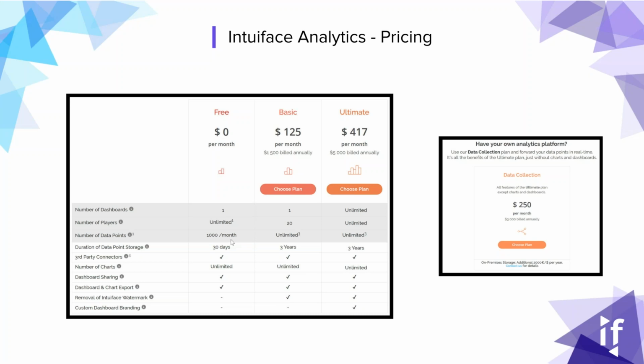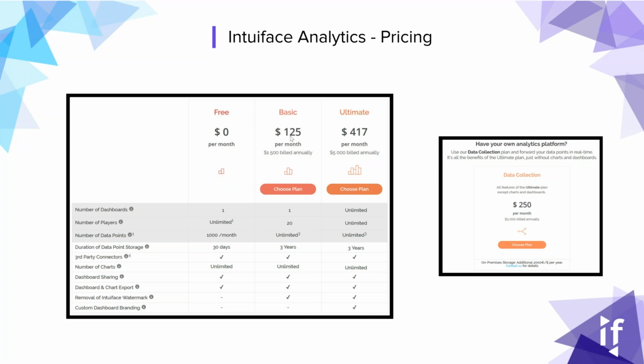If you want to actually do real work, you want to eliminate the data point limit. Your first choice is the basic plan. The basic plan is unlimited data points, up to 20 players, one dashboard. Any number of charts, but one dashboard. The basic plan, one dashboard, up to 20 players, any number of charts, any number of data points.